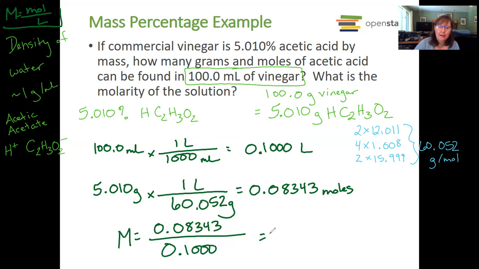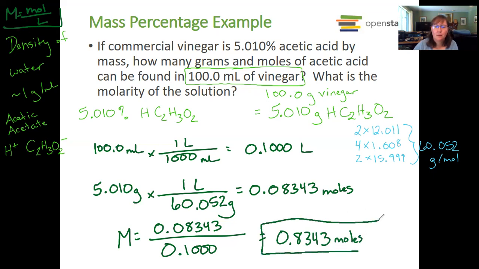Okay, and now this gets me 0.8343 moles. Oh, sorry, not moles. It was moles per liter. See, that's why I should always write this here, moles per liter, which tells me that that is molar for molarity.